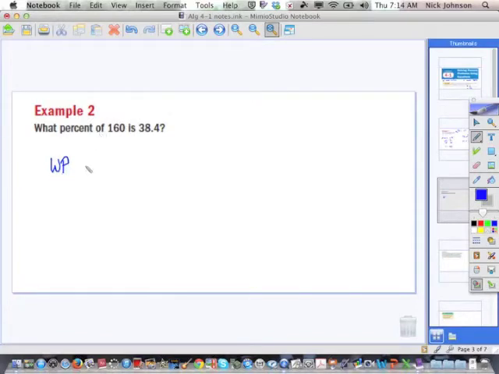Of means multiply, 160. Is means equals, and 38.4 is just a number, so we just bring that down. So the inverse of multiplying by 160 is dividing by 160. Whatever I do to one side, I have to do to the other side.